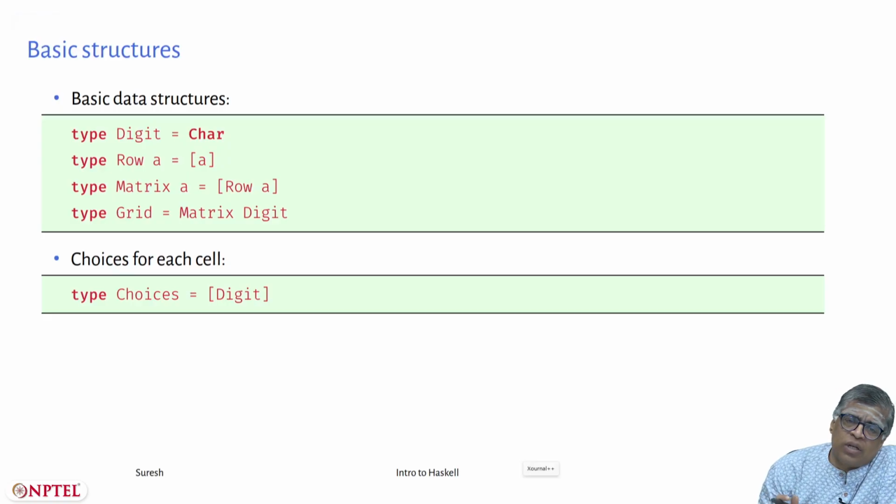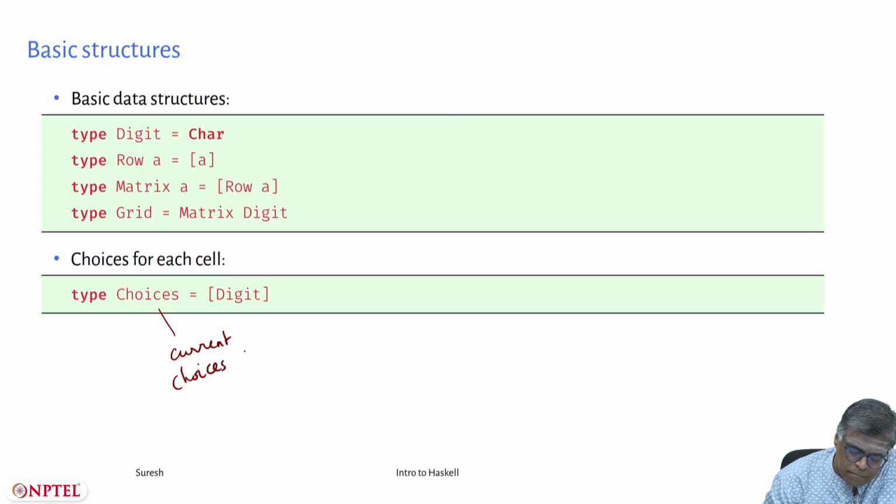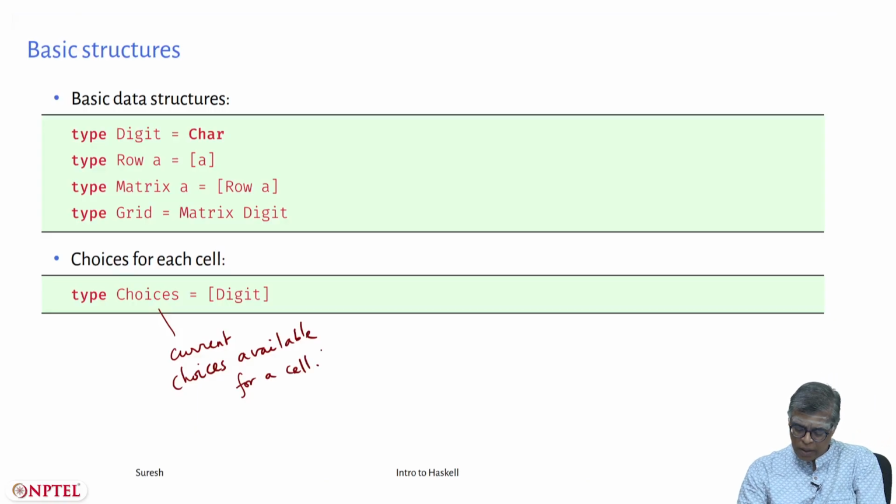You can represent the current choices available for a cell as a list of digits. The aim is to start with a grid of choices, not digits, and then keep pruning the choices more and more so that you end up with a single digit in each cell.